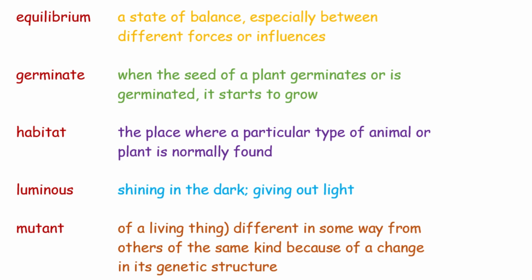Equilibrium. A state of balance, especially between different forces or influences. Germinate. When the seed of a plant germinates, or is germinated, it starts to grow. Habitat. The place where a particular type of animal or plant is normally found. Luminous. Shining in the dark, giving out light. Mutant. Of a living thing, different in some way from others of the same kind, because of a change in its genetic structure.